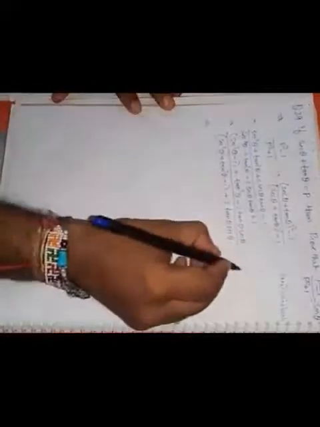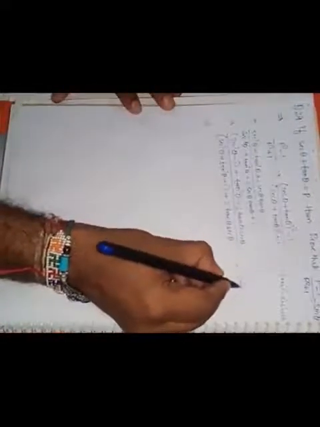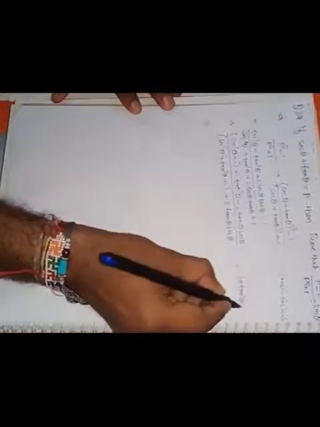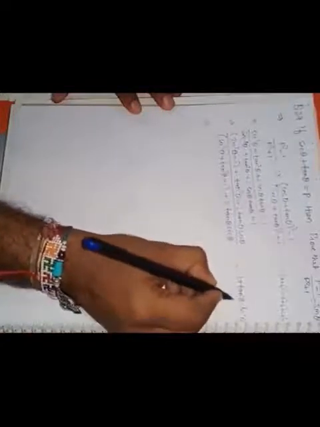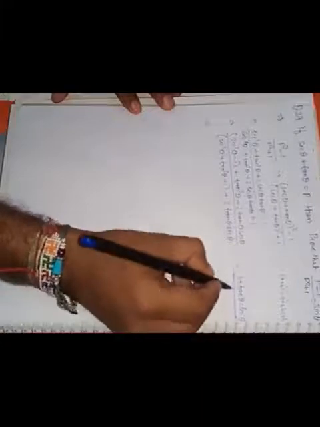So here we knew our formula that 1 plus tan square theta is equal to what? Sec square theta, correct? I hope you remember all the formulas and you go through my previous videos. Please go through the previous videos.